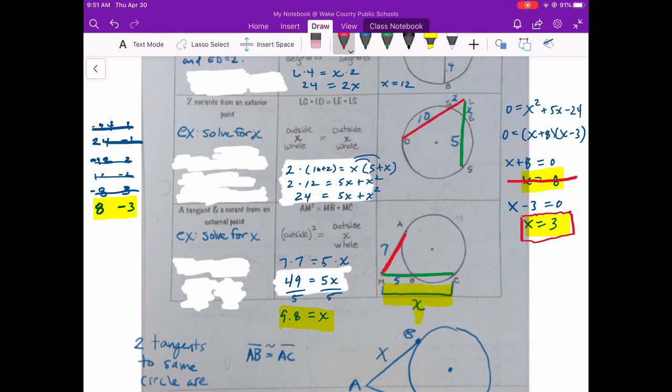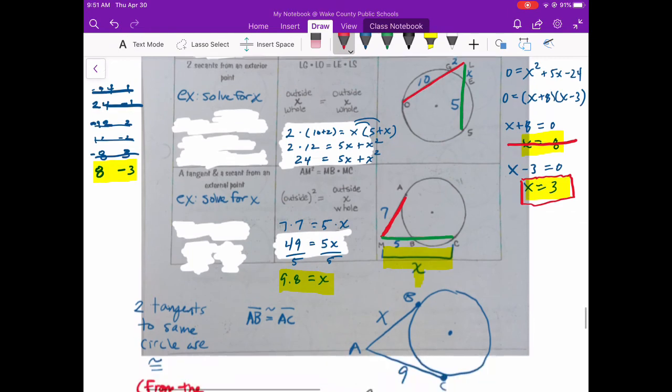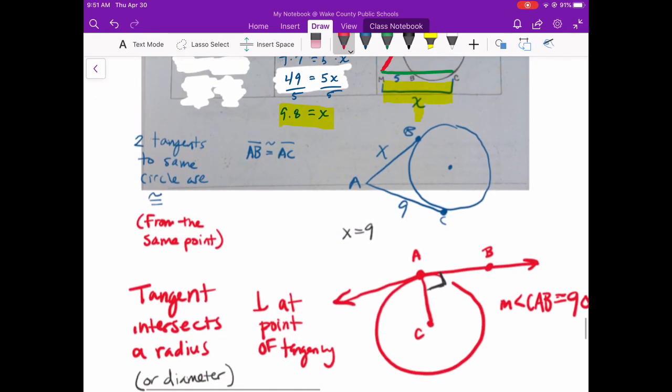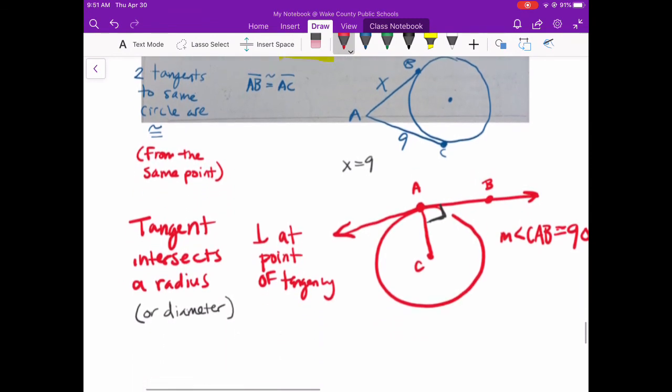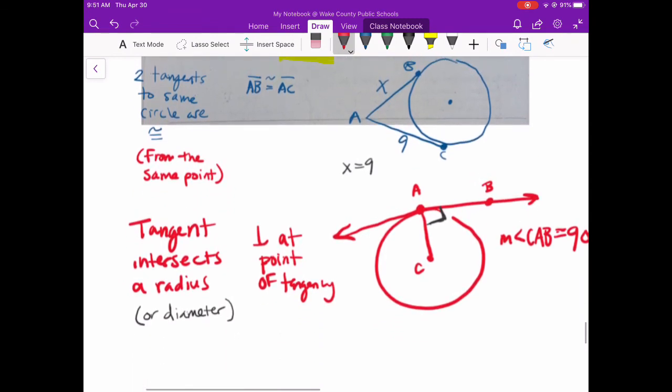All right, to close out our video, I've got two more little baby theorems to share with you, a couple of behaviors with these segments that I do want to share. The first one is here in blue. This is two tangents drawn to the same circle are congruent.